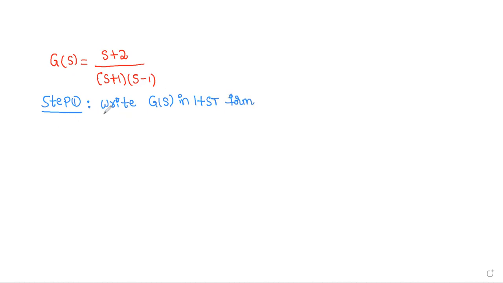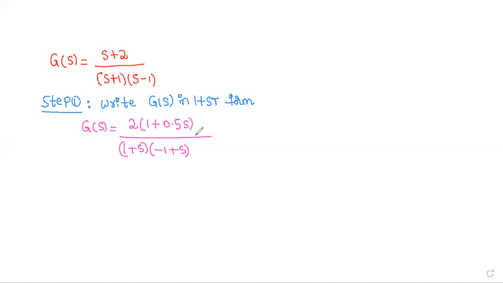Now the equation becomes G(s) = 2 into (1 + 0.5s) in the numerator. No need to change the denominator into 1 plus sT form because it is already in that form, so write it as it is. This becomes (1 + s) into (-1 + s).